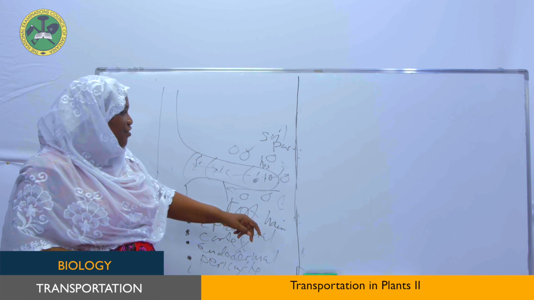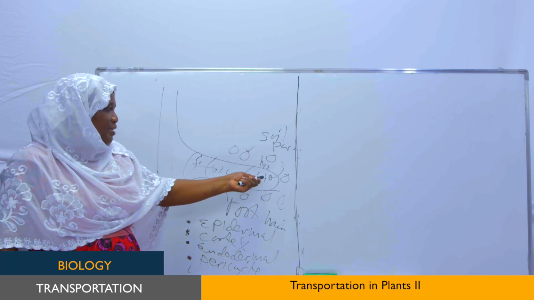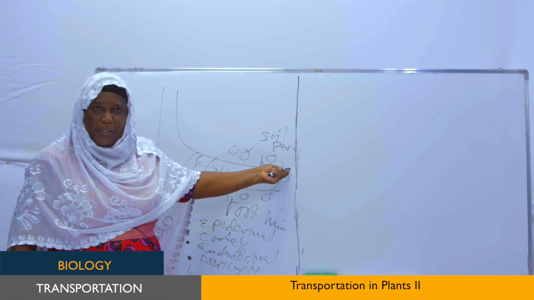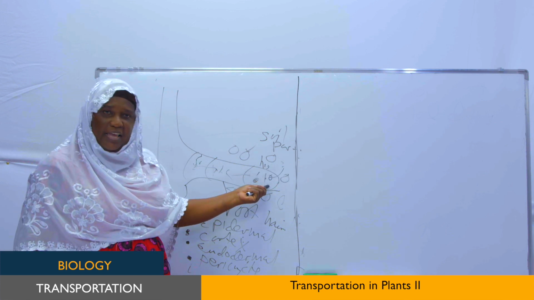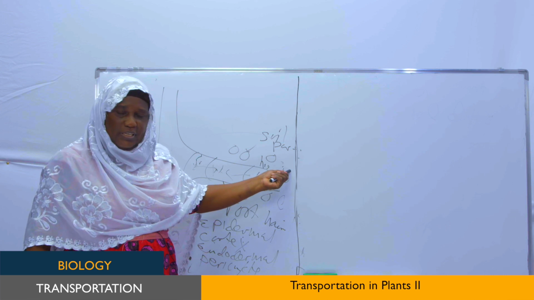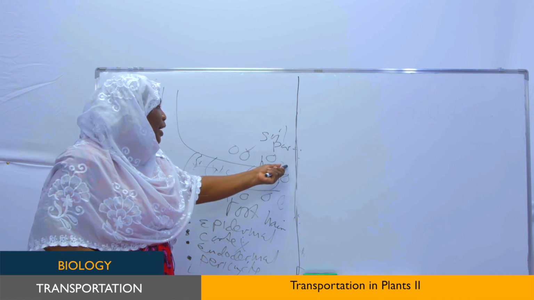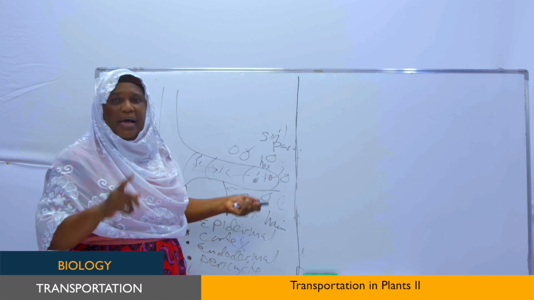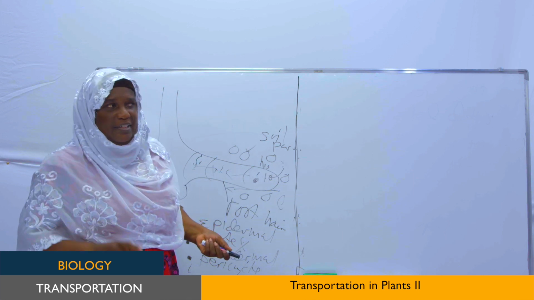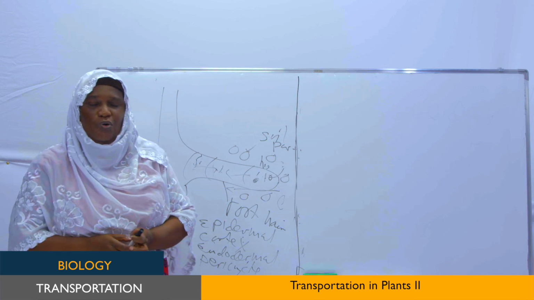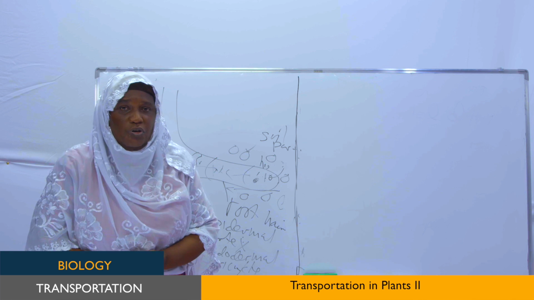Sometimes concentration may be high inside rather than in the soil water. If concentration here is high compared to the soil water, then mineral salts will be taken in by active means. That is why at the beginning I introduced to you active and passive transport.